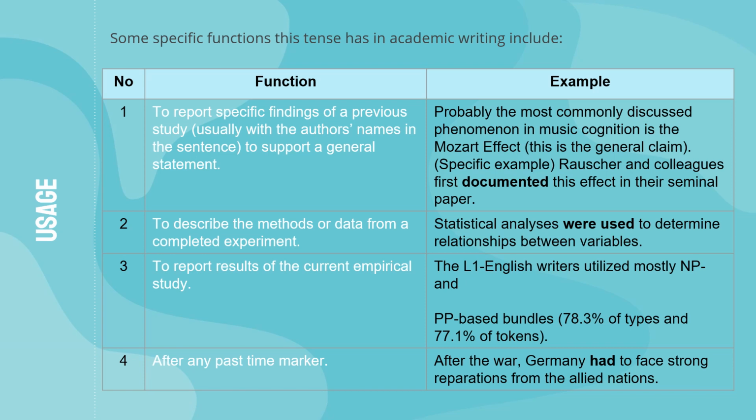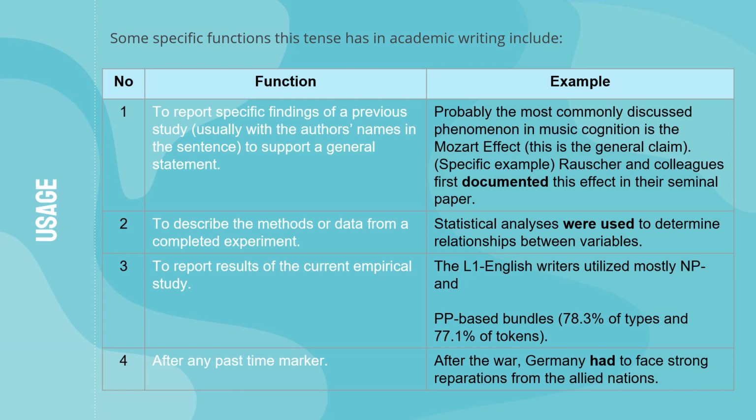The second function is to describe the methods or data from a completed experiment. Example: statistical analyses were used to determine relationships between variables. The third function is to report results of the current empirical study.